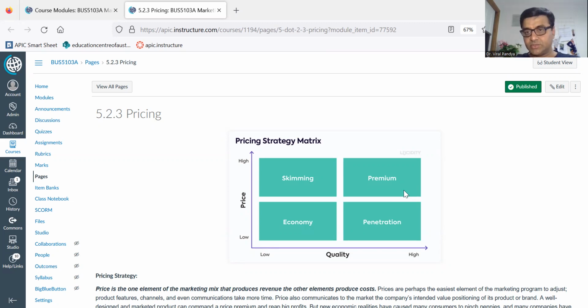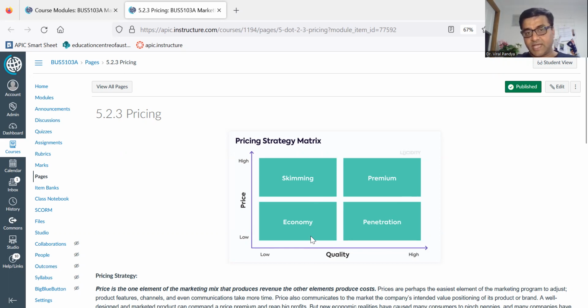Normally, we understand that the higher the quality, the higher the price, and the lower the quality, the lower the price. But you might find some differences here and there, depending upon the competitive situation, the objective of the organization, or the leadership mindset of the organization.